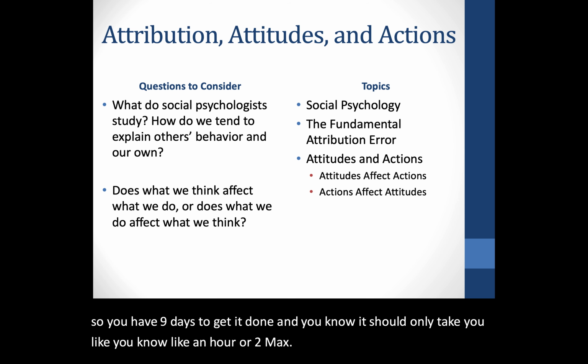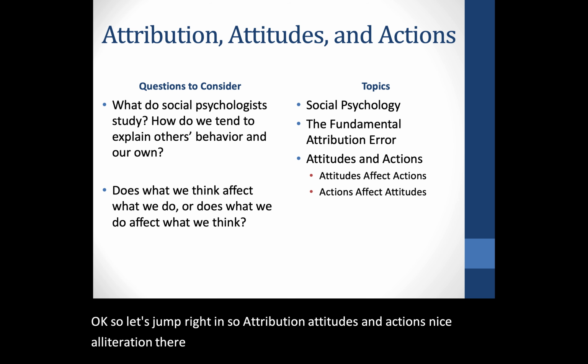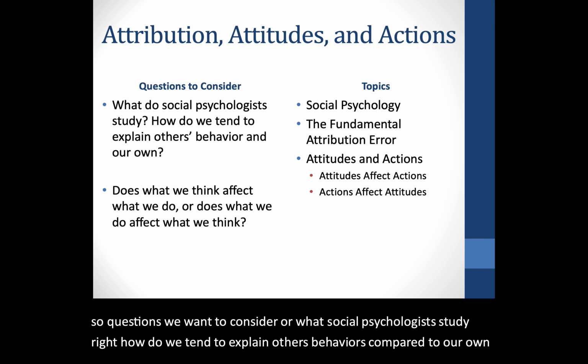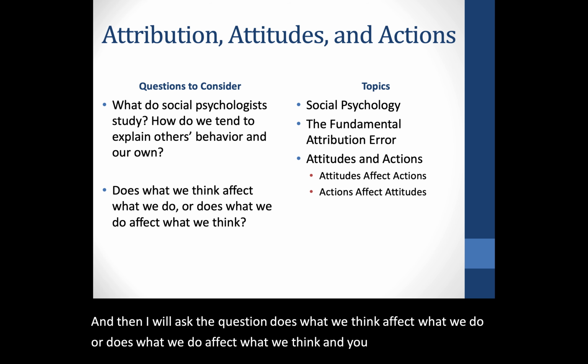So questions we want to consider are: what social psychologists study, right? How do we tend to explain others' behaviors compared to our own? And then we'll ask the question: does what we think affect what we do, or does what we do affect what we think? And you could probably guess it's both, right?